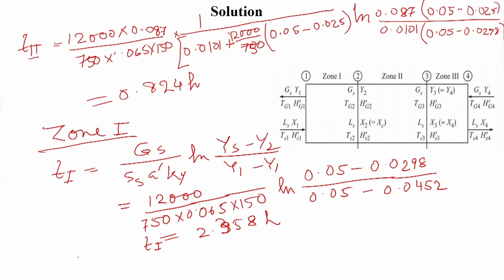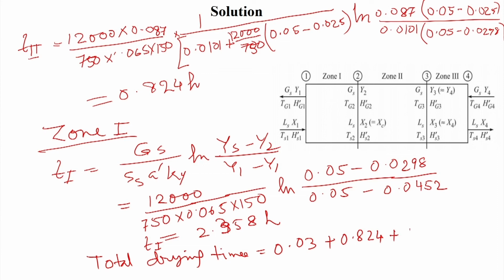So, the total drying time is equal to T1 plus T2 plus T3, that is 0.03 plus 0.824 plus 2.358.